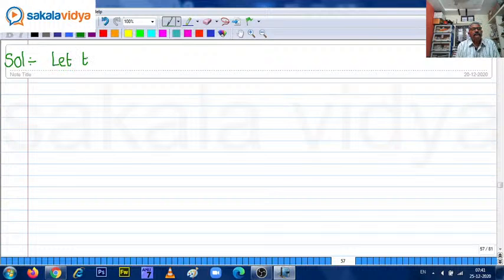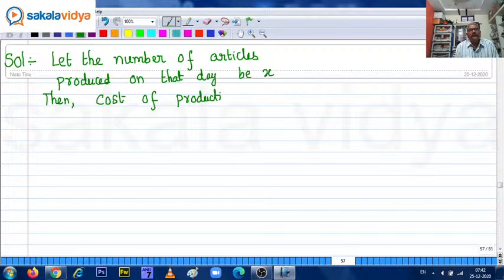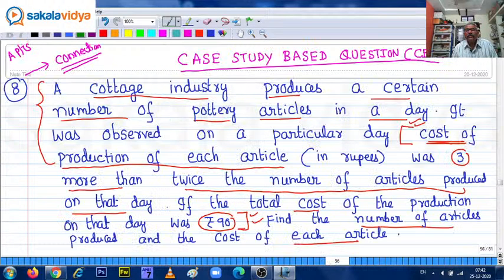Let the number of articles produced on the particular day be X. Next, the cost of production of each article is 3 more than twice the number of articles produced.